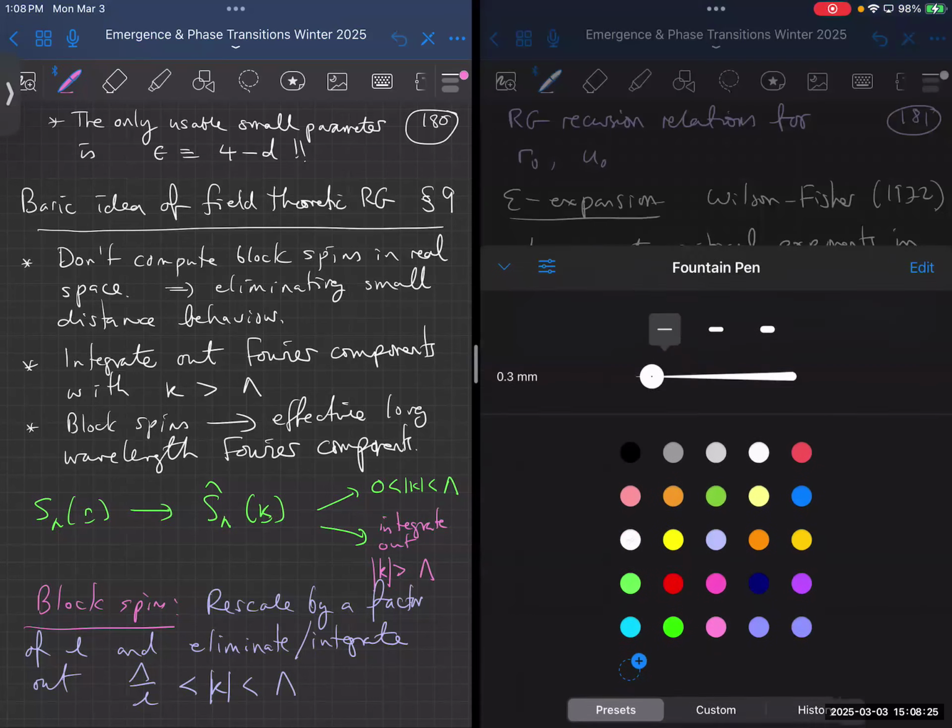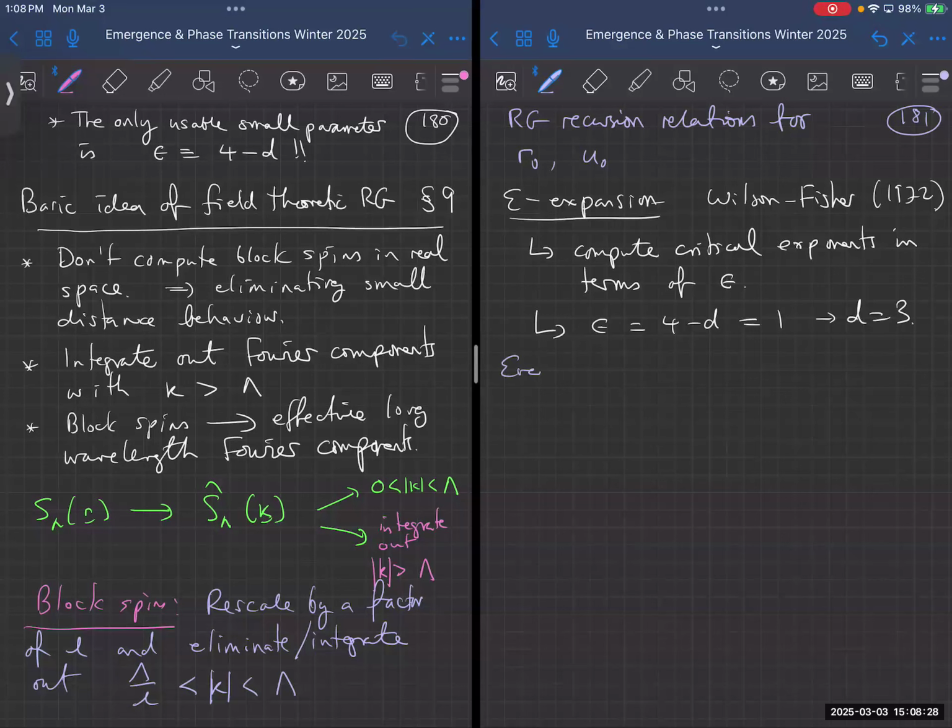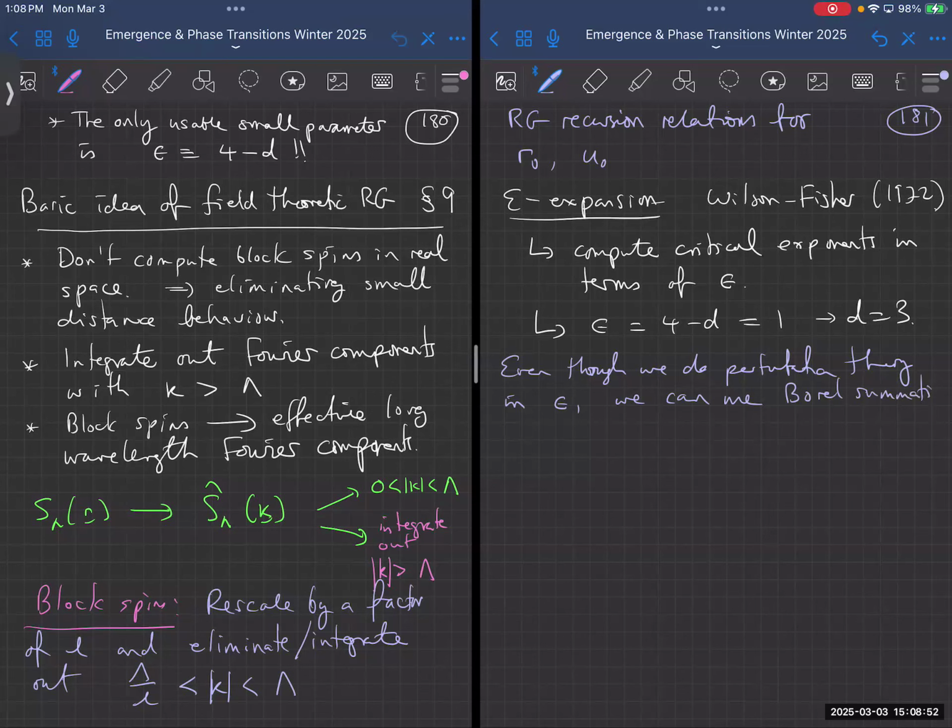Okay, so there's applied mathematics techniques for doing that, and there's a whole theory to do that. So let me just record that even though we do perturbation theory in epsilon, we can use Borel summation and other methods to extrapolate perturbation theory to epsilon equals 1.